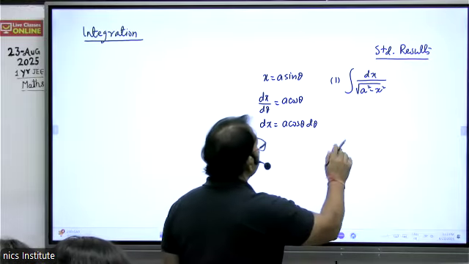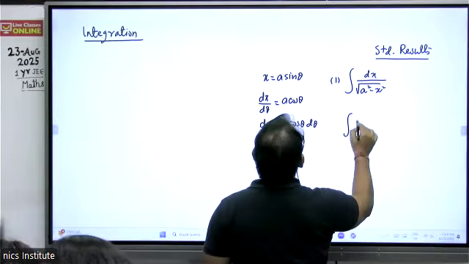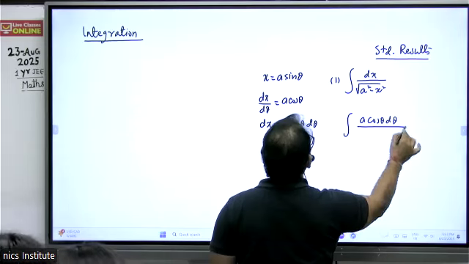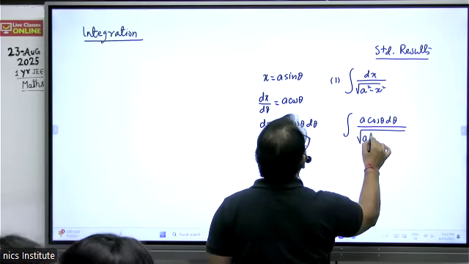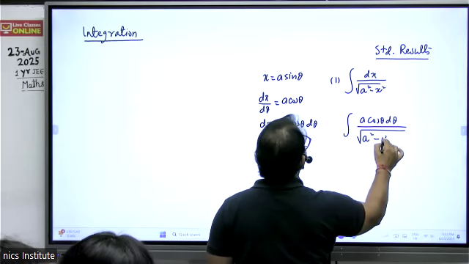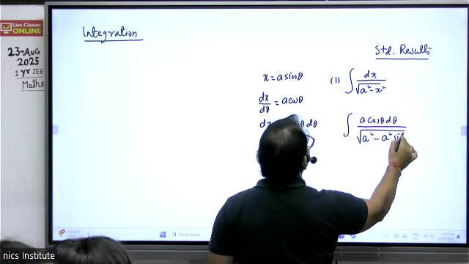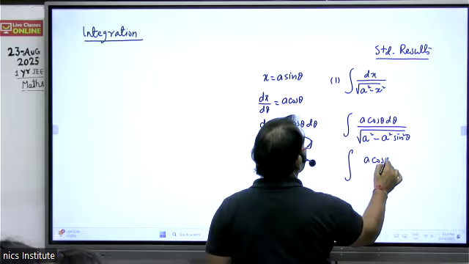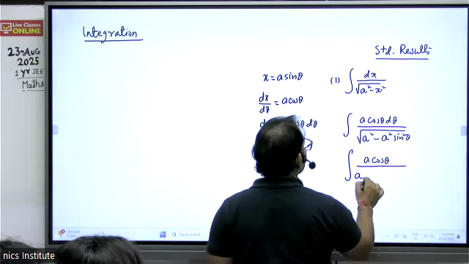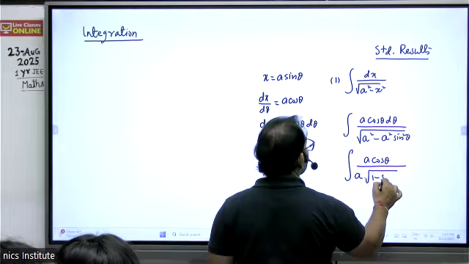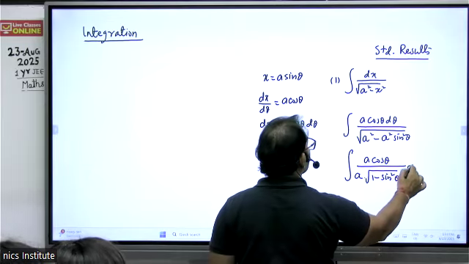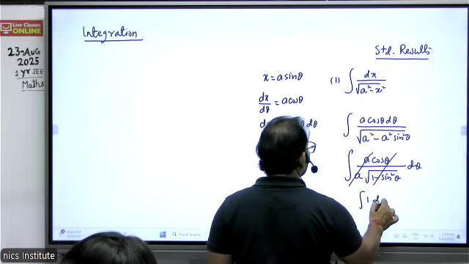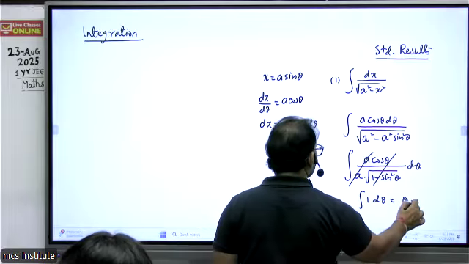After the substitution, this integral will be a cos theta d theta divided by root of a square minus x square. X square is a square sine square theta. So when you simplify it further, you take a common, under root of 1 minus sine square theta, which is cos theta only. So integration of 1 would be theta.